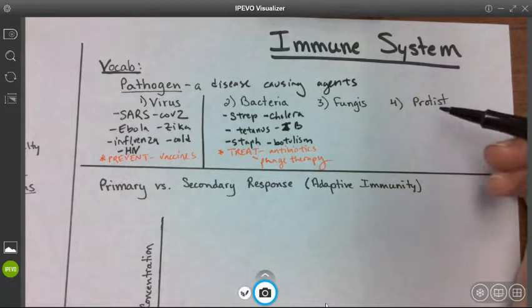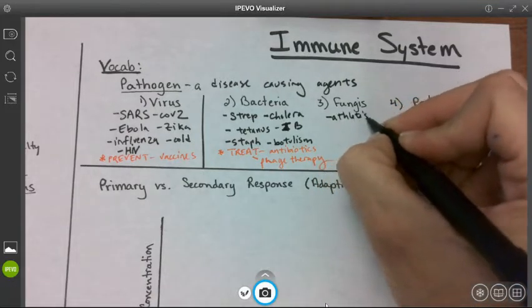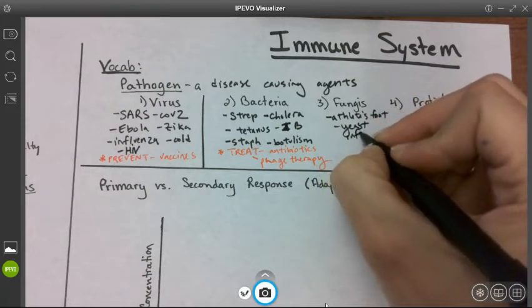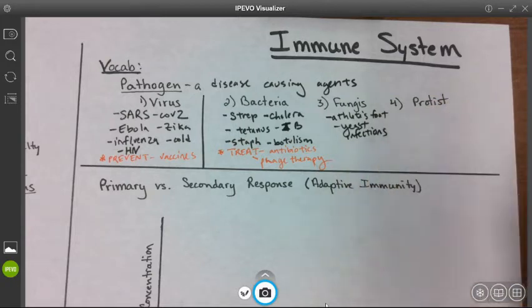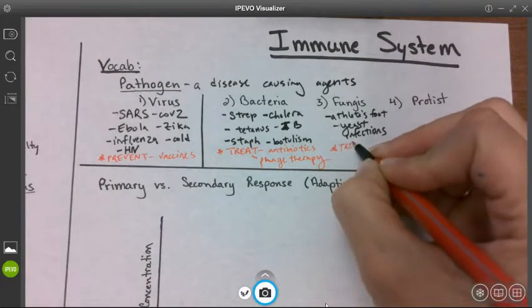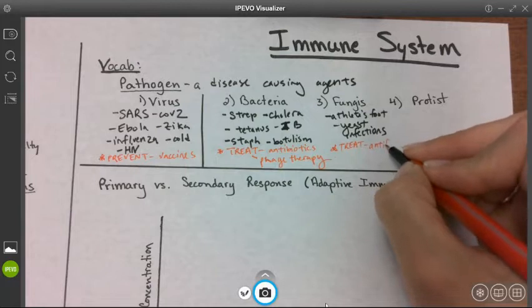Fungi can also cause disease. We can think about athlete's foot or yeast infections. These are all caused by fungi. Ringworm is caused by a fungi. And again, oftentimes we're looking at treatment. Prevention is really important, but treatment with antifungals.